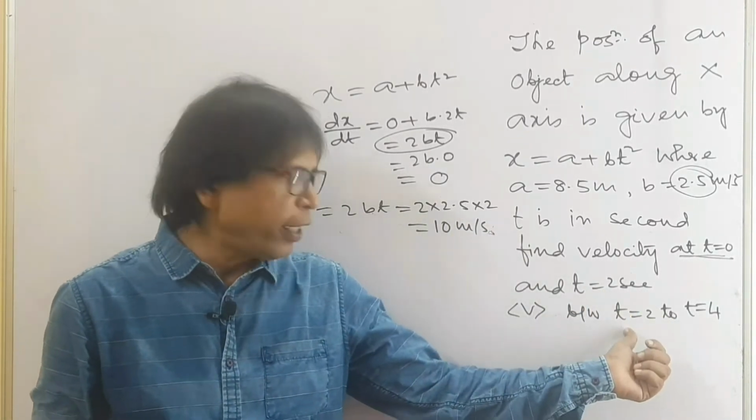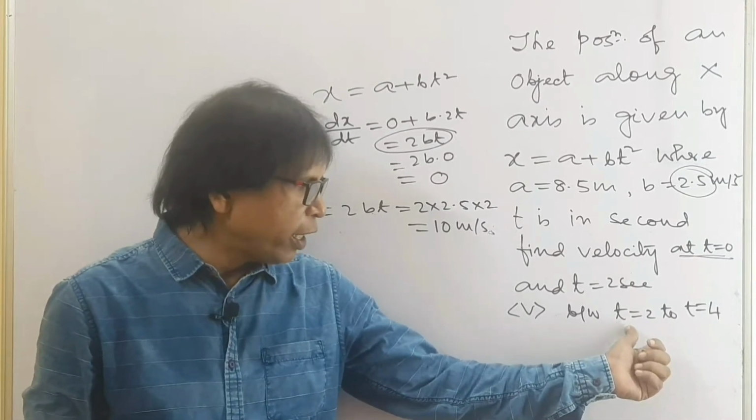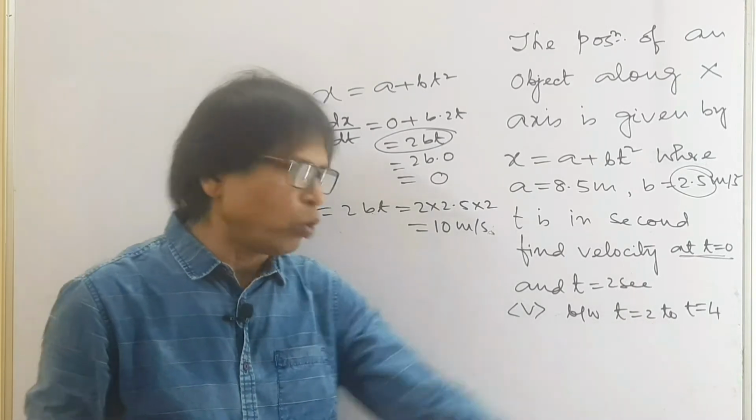Now we have to calculate the average velocity between t equal to 2 and t equal to 4.